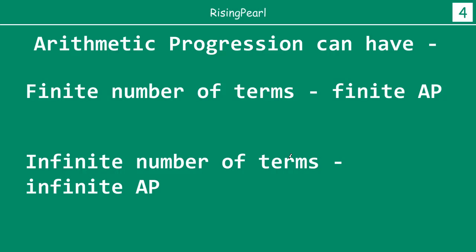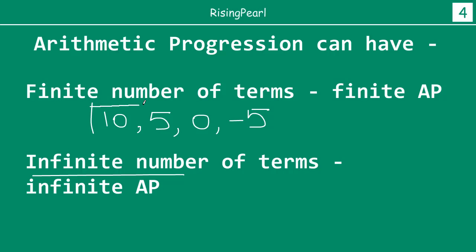Now there are also arithmetic progressions where you have an infinite number of terms. First, let's take an example of a fixed number of terms: 10, 5, 0, minus 5. This is an arithmetic progression with a finite number of terms.